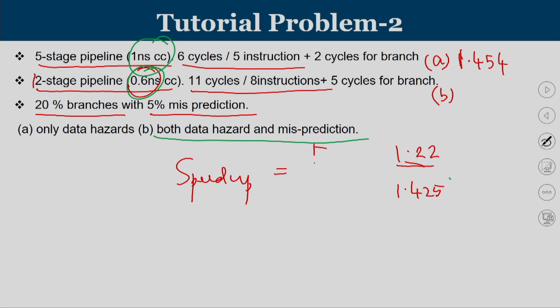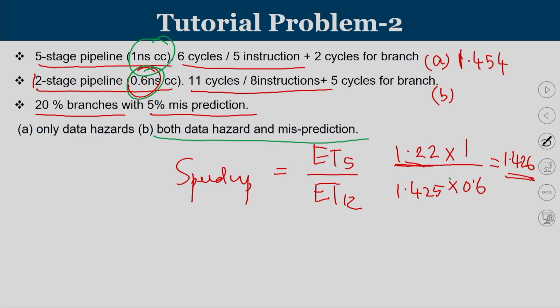So it is execution time of the 5-stage pipeline divided by the execution time of the 12-stage pipeline: 1.22 into 1 divided by 1.425 into 0.6, and the value is 1.426. So when you consider the misprediction, the speed up obtained is slightly less, because it is going to have 5 cycles for the branch misprediction.